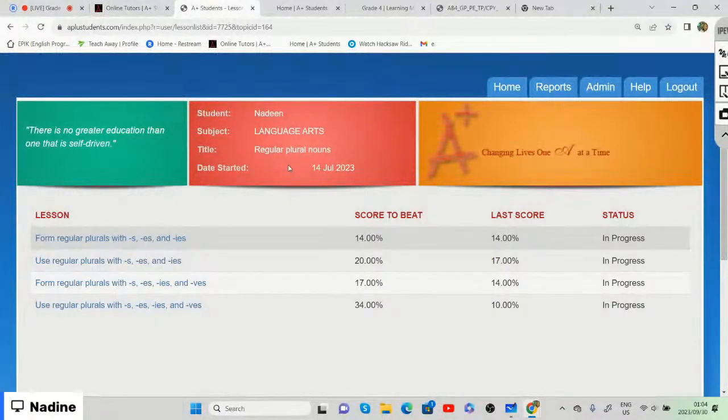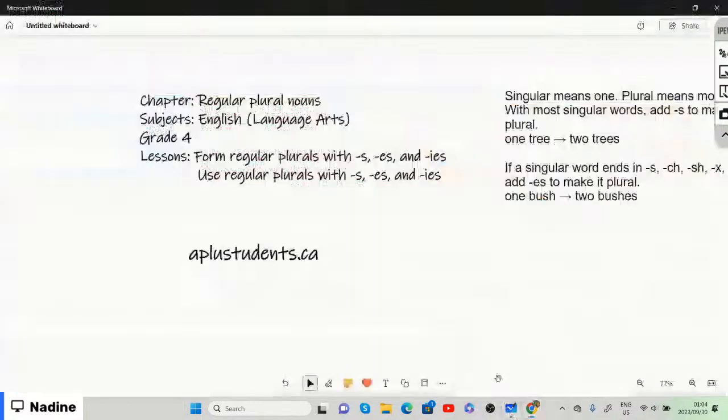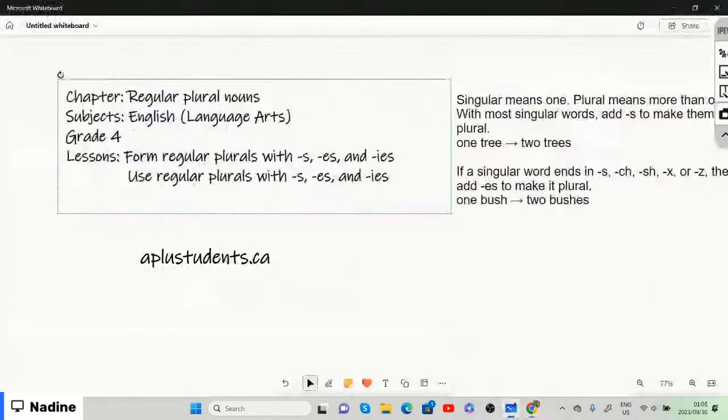All right, so once we are at the chapter of regular plural nouns, there are a couple of lessons that we are going to be focusing on today. Our subject is English language arts, grade 4.